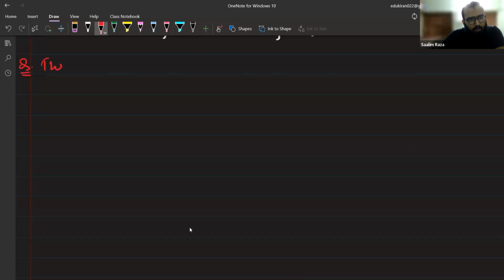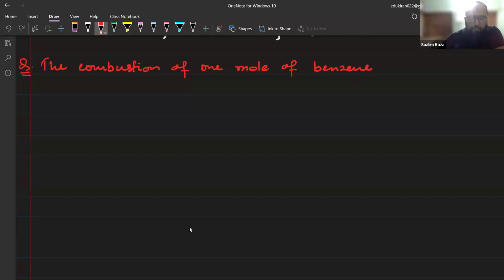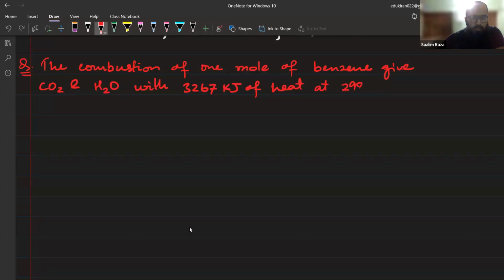Please write: the combustion of 1 mole of benzene gives CO2 and H2O with 3267 kilojoule of heat at 298 Kelvin and 1 bar of pressure.